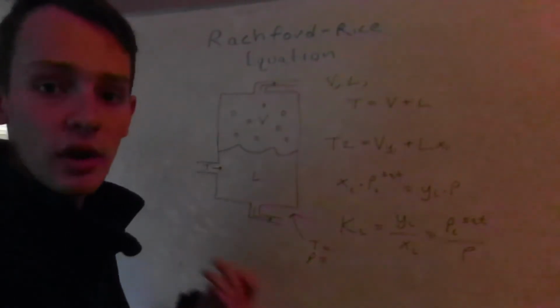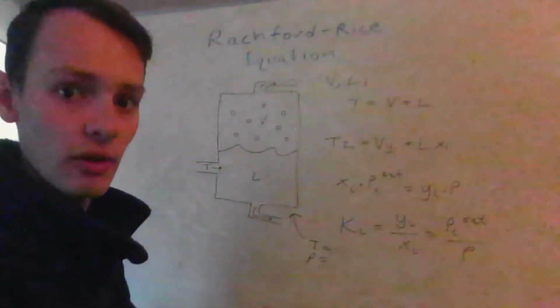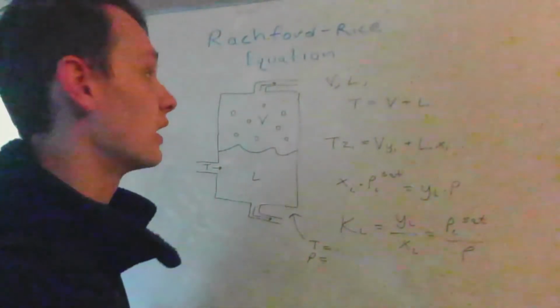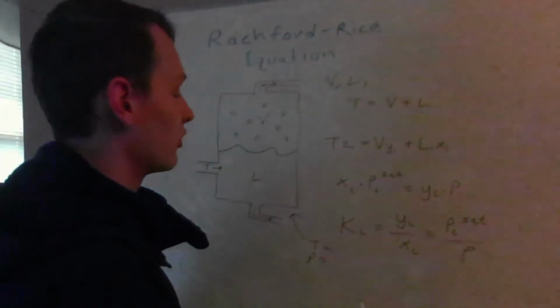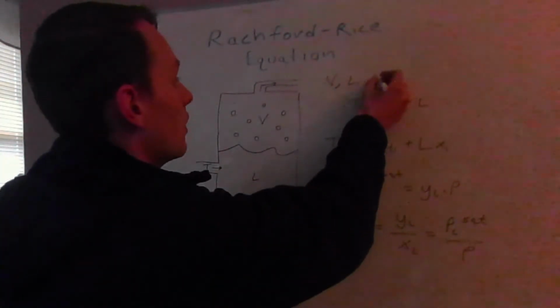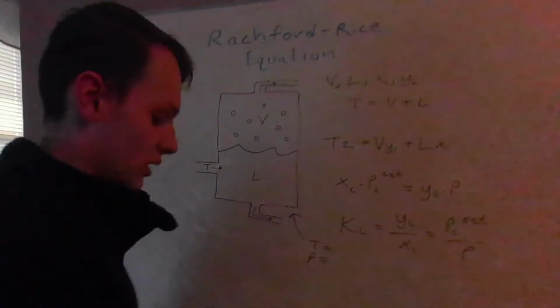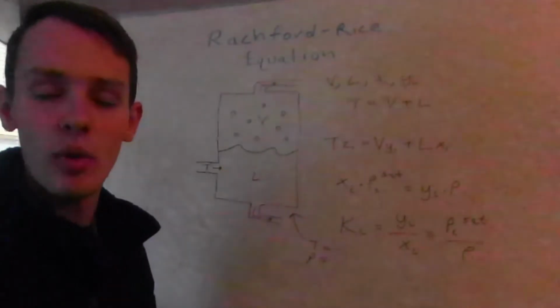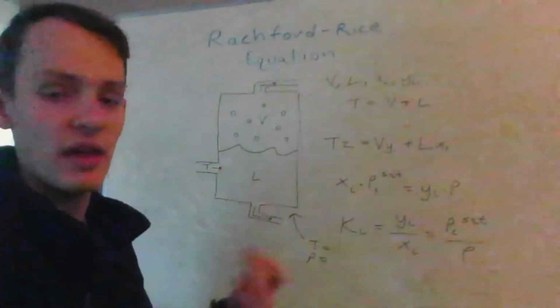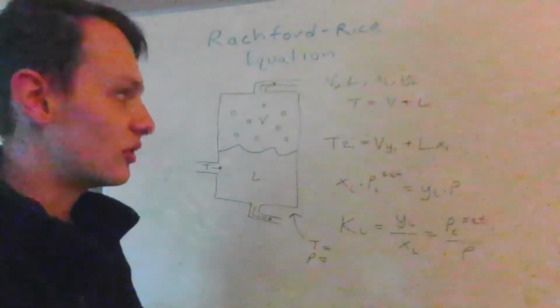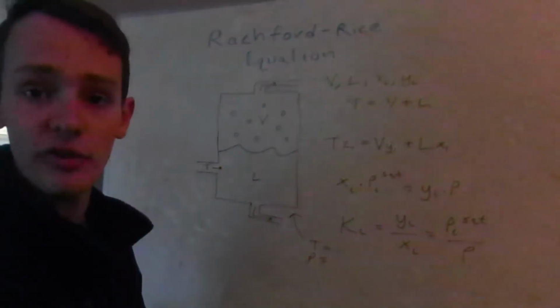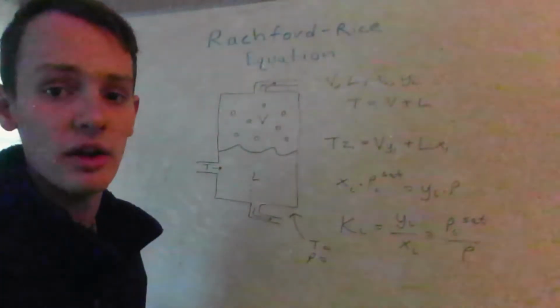But we want to know the composition of the vapor phase and the liquid phase to see what separation we're getting. And really, this just means that we want to know Xi and we want to know Yi. And again, we can find it for the more volatile component, and then obviously we can use that to find it for the less volatile component because we're just dealing with a binary mixture, right?